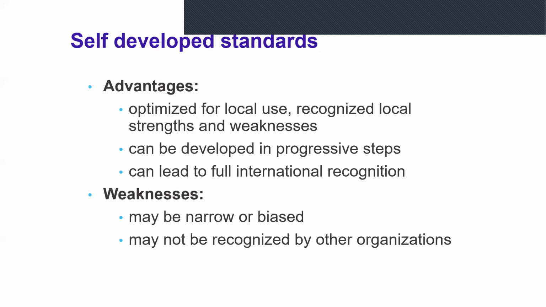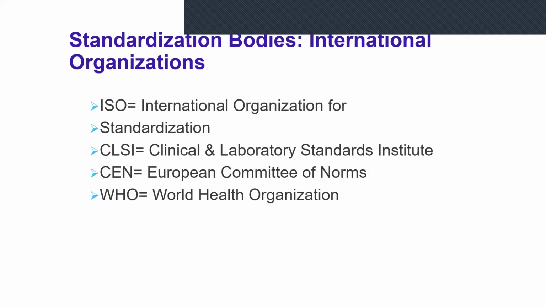So even though I think a lot of countries still have self-developed standards, as I said, in this world of globalization, people are moving more and more towards international standards. So what are standardization bodies that are international organizations?